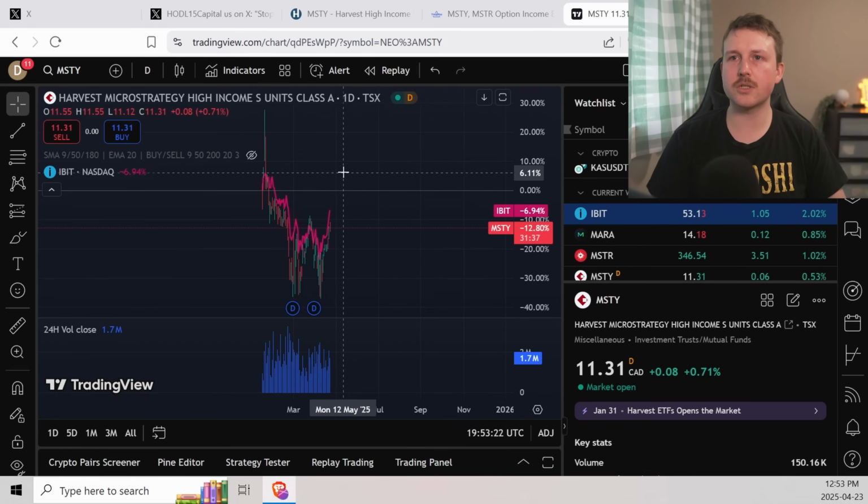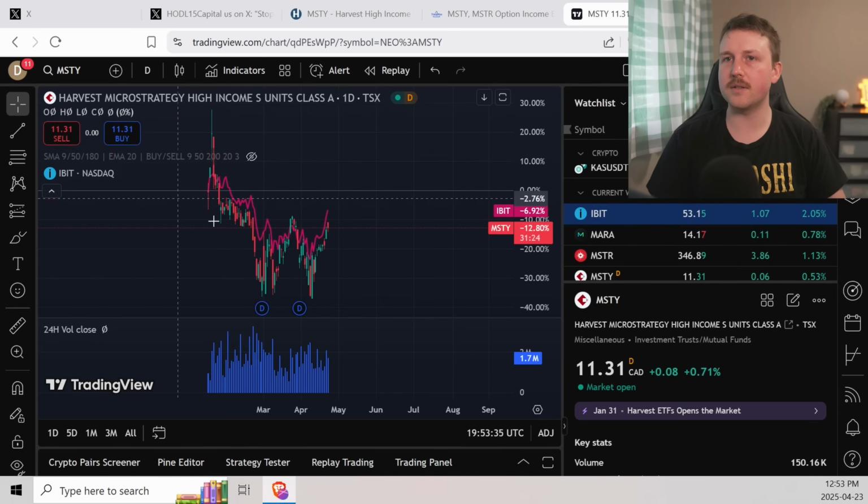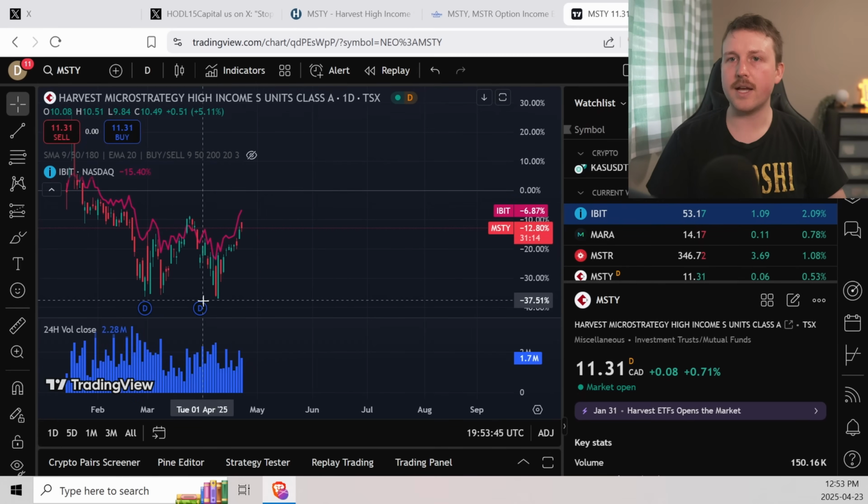Now, the other chart to look at here is since inception, MSTY Canadian versus IBIT, and you can see the two payouts again, and IBIT is down in this time frame, basically -7, while MSTY is down -13, so almost double. And again, that is with the payouts of about 8%. So that 8% actually will offset this, or it depends.